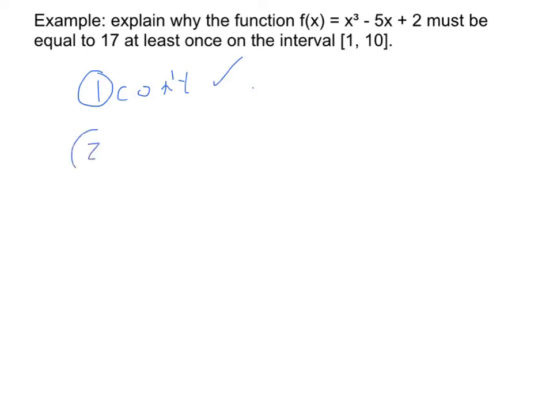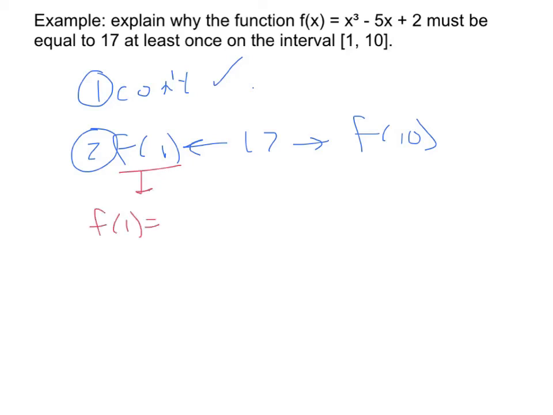The second requirement, I need to look at whether 17 is in between f of 10 and f of 1. Right, so I'll compute these. What is f of 1? f of 1 will be 1 minus 5 plus 2. That means that f of 1 is negative 2.